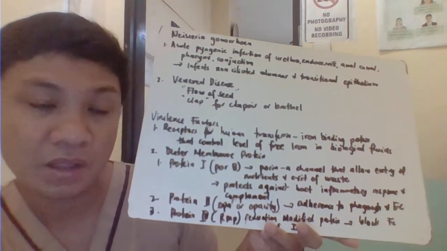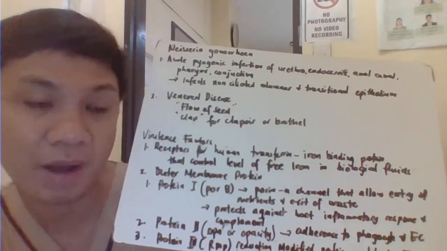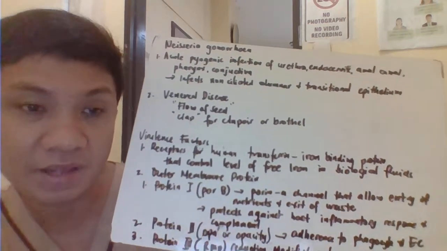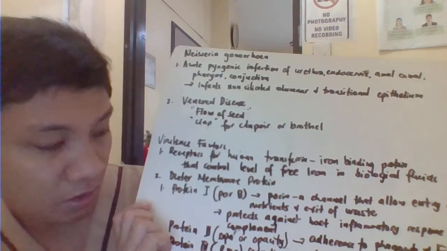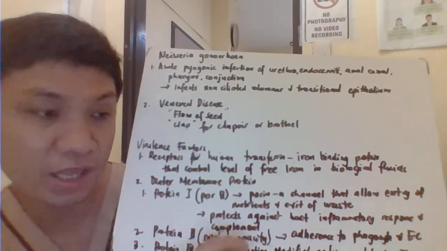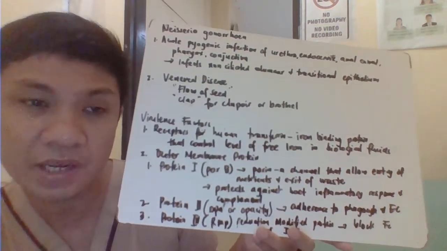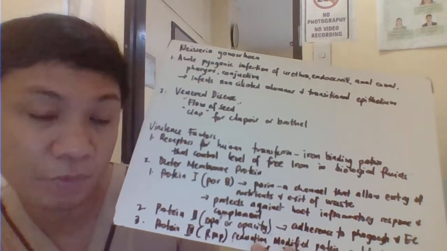Complement helps the host eliminate pathogens inside the body, so protein 1 prevents the bacteria from being killed by complement. In Neisseria gonorrhoeae, it is made up of porin B only, but in Neisseria meningitidis, it is a combination of porin A and porin B.